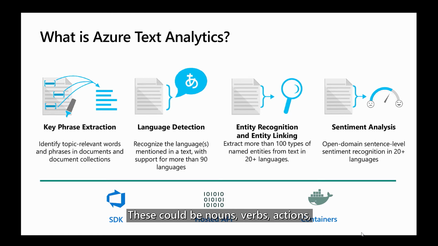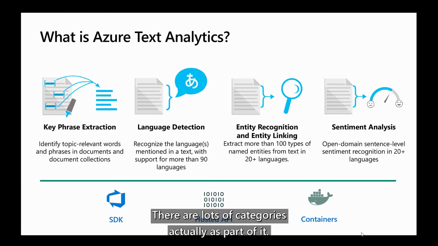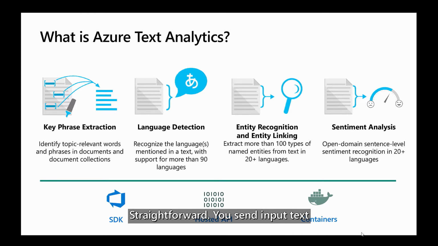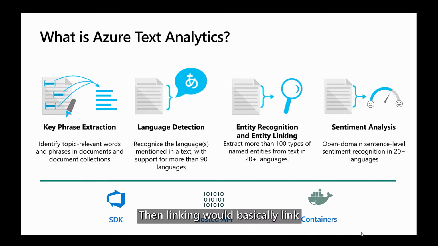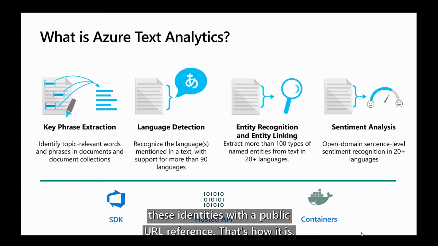So these could be nouns, verbs, actions, basically things like that, even locations, person. So there are lots of categories actually as part of it. Then there is language detection, straightforward, right? So you send input text, and then you get the detected language back. There is entity recognition and linking. So we call it NER, or named entity recognition. And then linking would basically link these entities with a public URL reference.